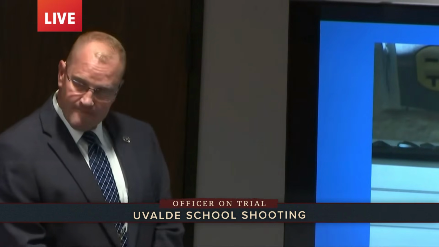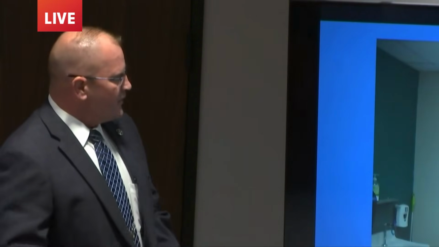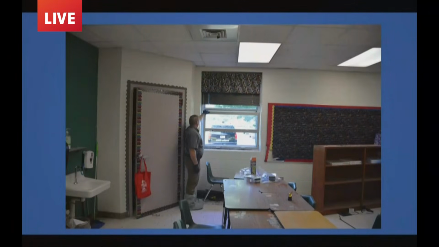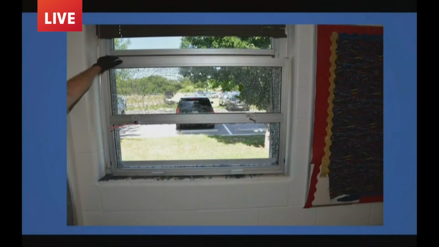State's Exhibit 186. This is going to be a picture of another one of the Texas Rangers holding the window frame in place in that window housing. And 187. Just a closer photograph of the same thing.